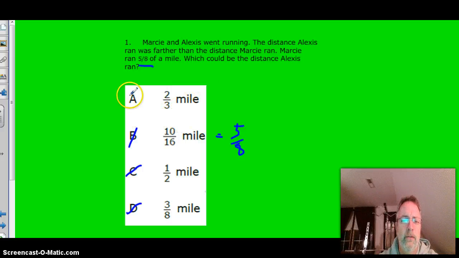And therefore, 2/3 is only 1/3 away from being a whole, and 5/8 is 3/8 from being a whole. So 2/3 is closer to a whole, so therefore larger.